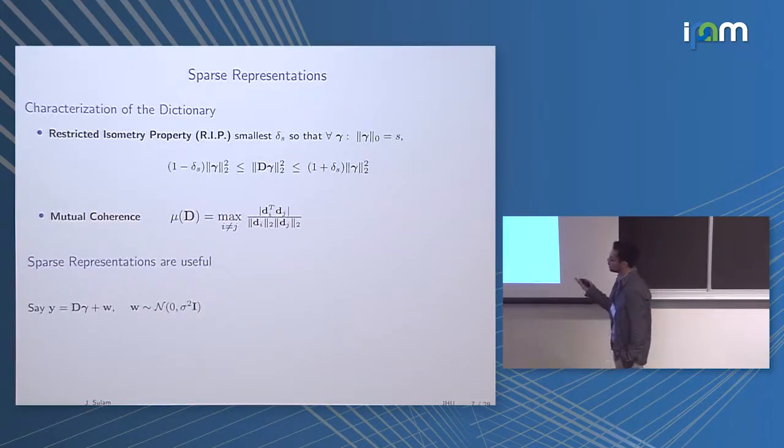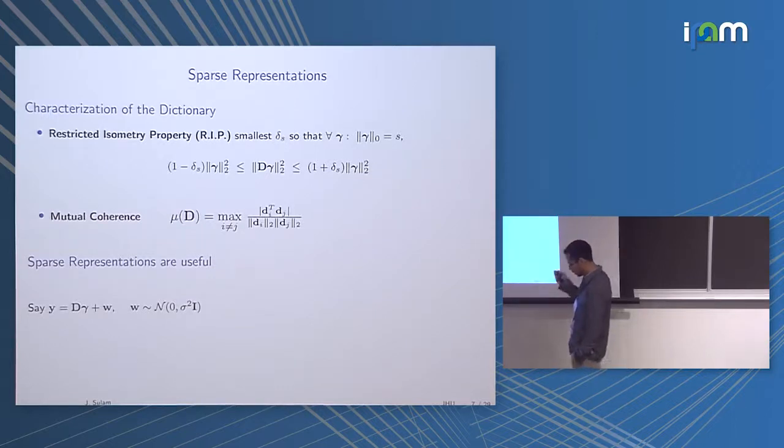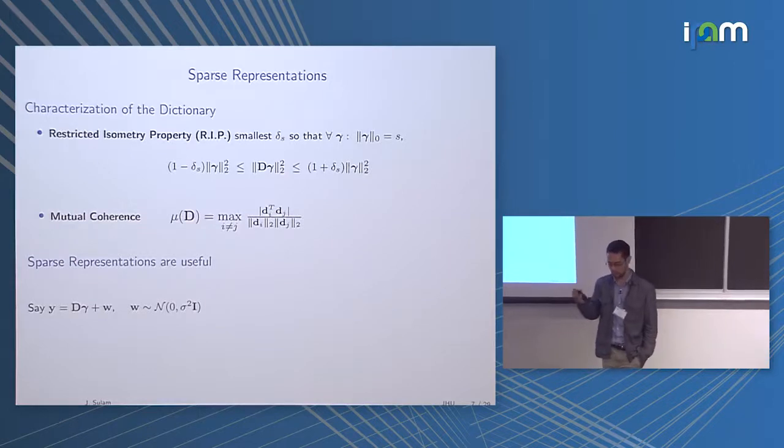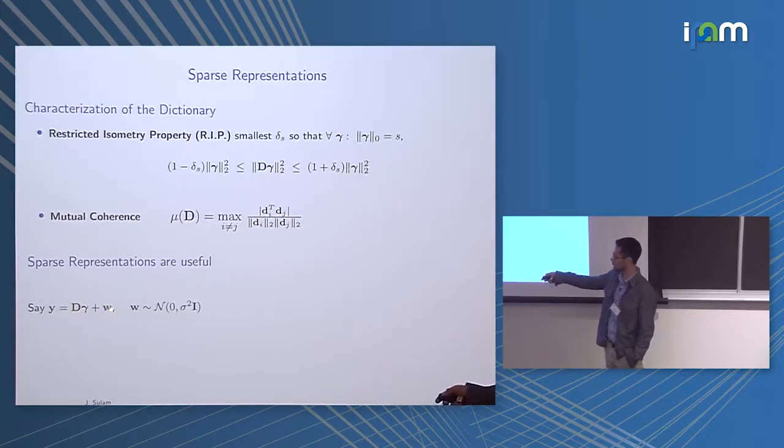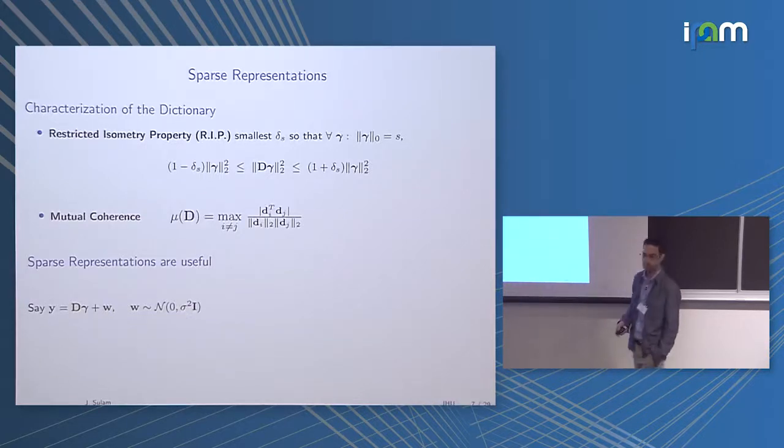And why are sparse representations useful? Well, just to give you a very intuitive motivation of why you would like your signals to have a sparse representation, imagine your measurements are D gamma, with gamma sparse, and they have been contaminated with Gaussian noise of power, let's say, sigma squared.